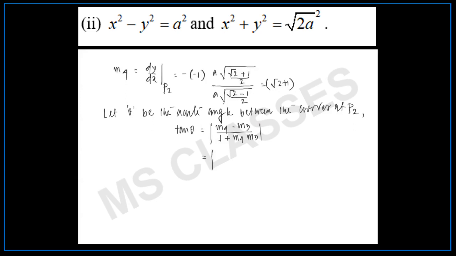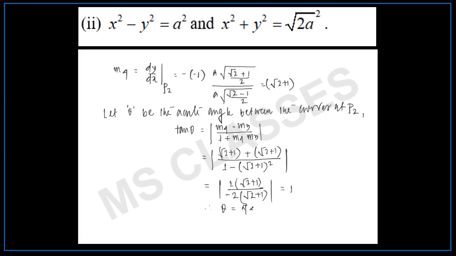We can apply the formula. Here m4 we know the value, which is root 2 plus 1, and here we have minus of minus, so we write plus root 2 plus 1, divided by 1 minus root 2 plus 1 whole square. Now this simplification gives us 2 into root 2 plus 1 by minus common 2 into root 2 plus 1. Now this gives us 1. Therefore, theta is pi by 4.